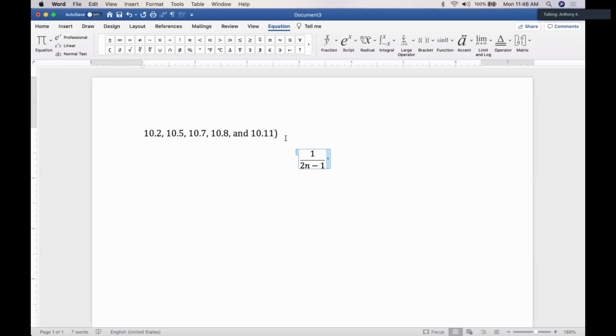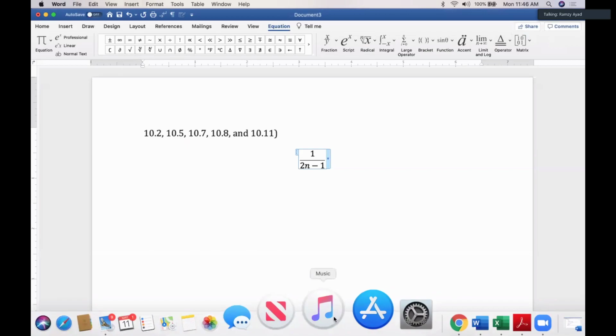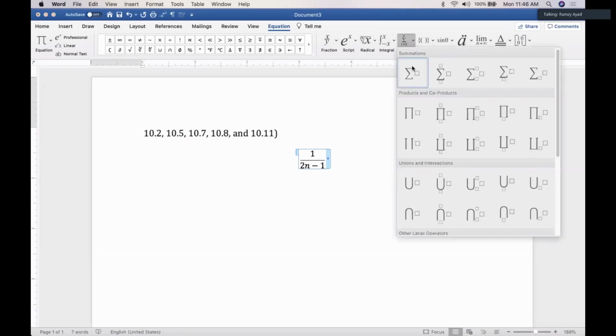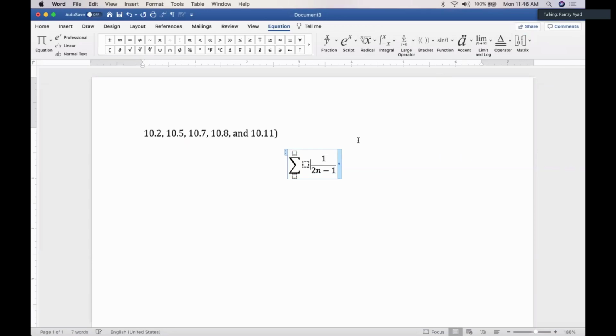So this is still, I count it as harmonic. Comparison test, if you remember, you can compare it to 1 over n, which is harmonic, which makes it divergent. What do we know about harmonic? Harmonic is a divergent series, right?